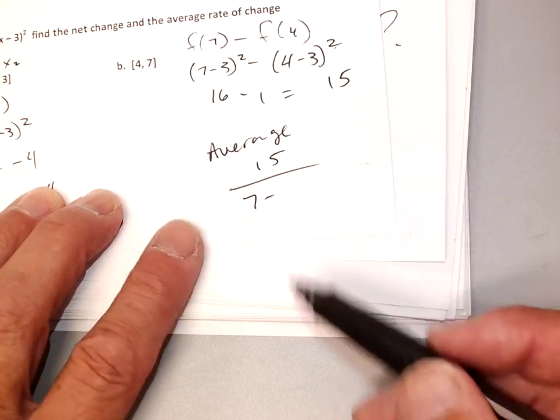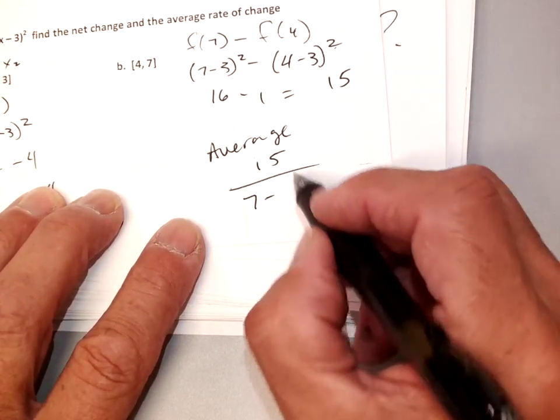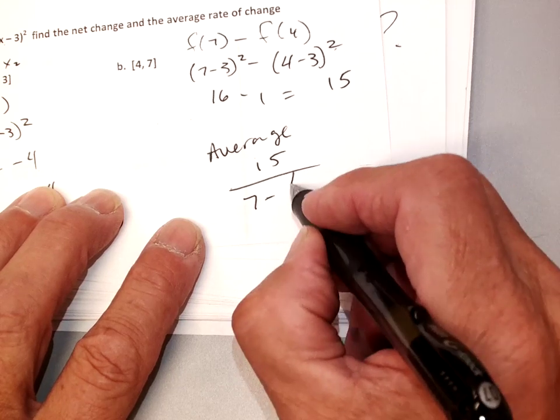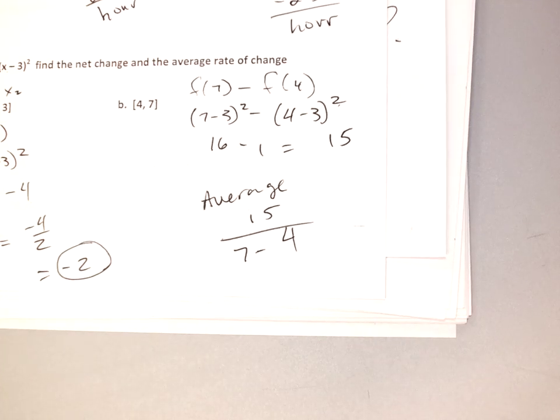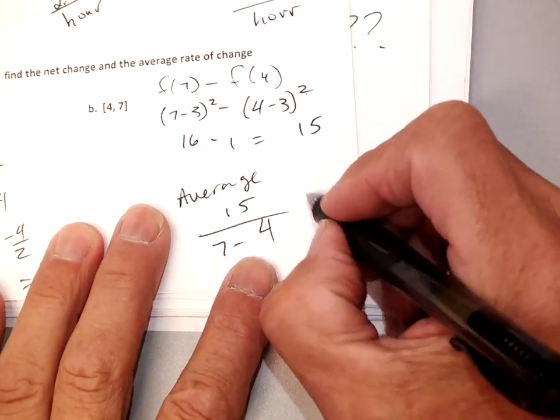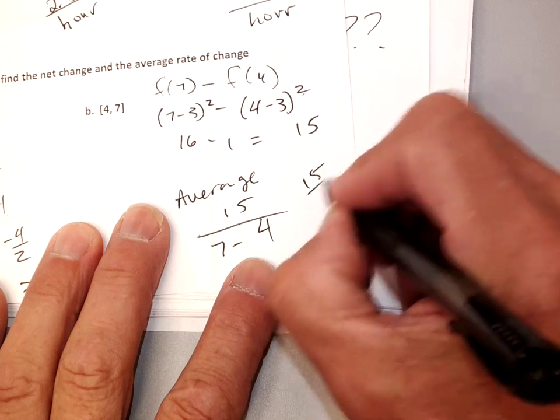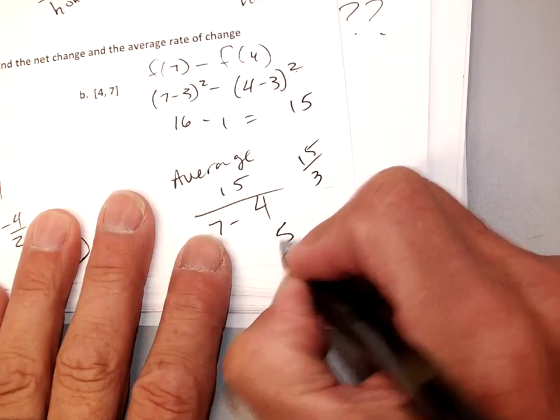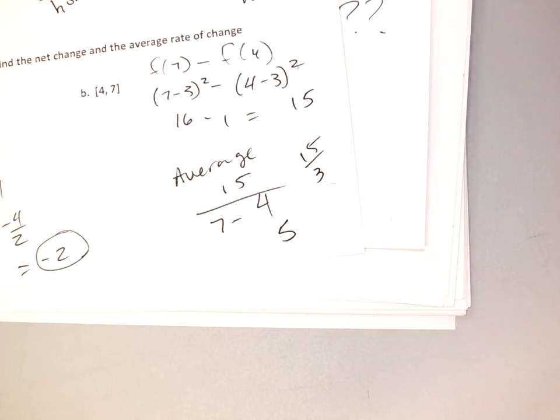You okay? You sure? Okay. So it went up 15, from a height of 1 to a height of 16, but within what interval? Between 4 and 7. So it's 15 divided by 3, right? Which gives me 5. So what we're saying is it's 5 units per 1.